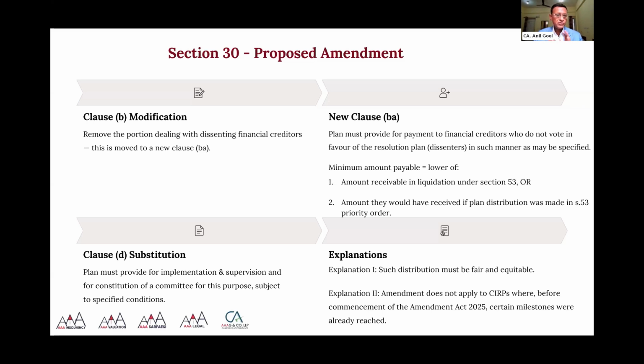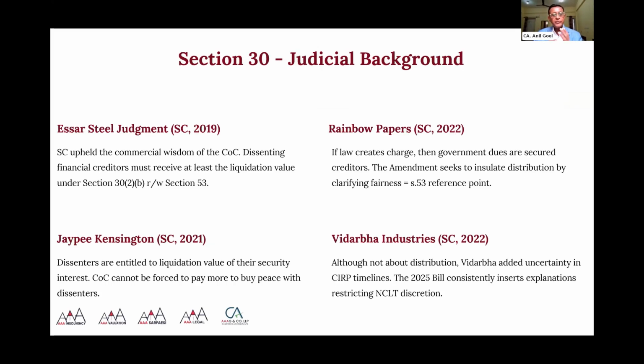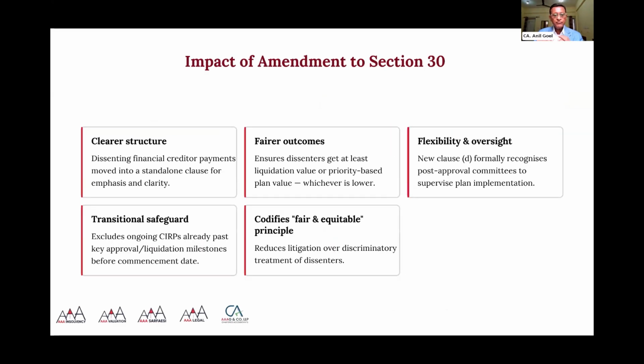That is to remove any practical difficulties. Even in the cases of SR Steel, Rainbow Paper and JP Vidarbha, there were various judgments which have influenced this amendment, and now the structure is clearer. What structure? How the dissenting creditors will get their share, and it has also moved into a stand-alone clause.